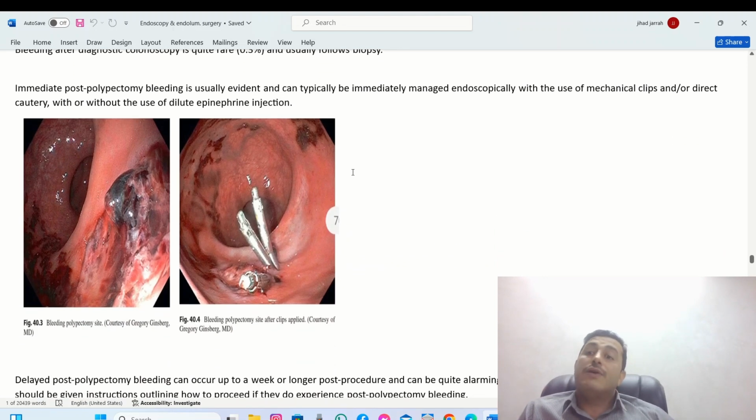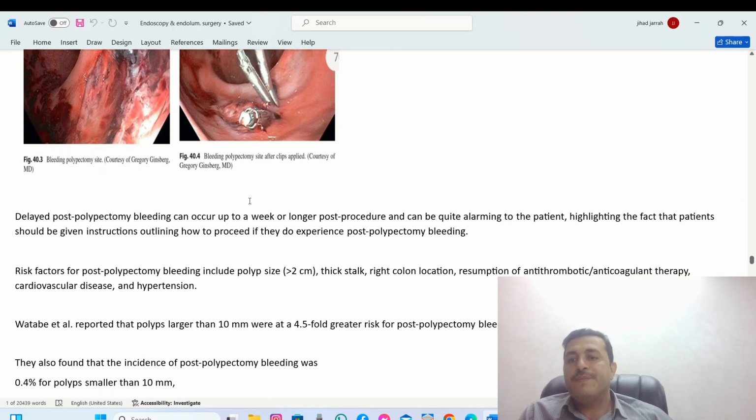If it is recognized immediately post-polypectomy, it can be managed immediately endoscopically using a clip. As you see, this is post-polypectomy bleeding. They use a clip with or without cauterization, with or without diluted epinephrine injection.